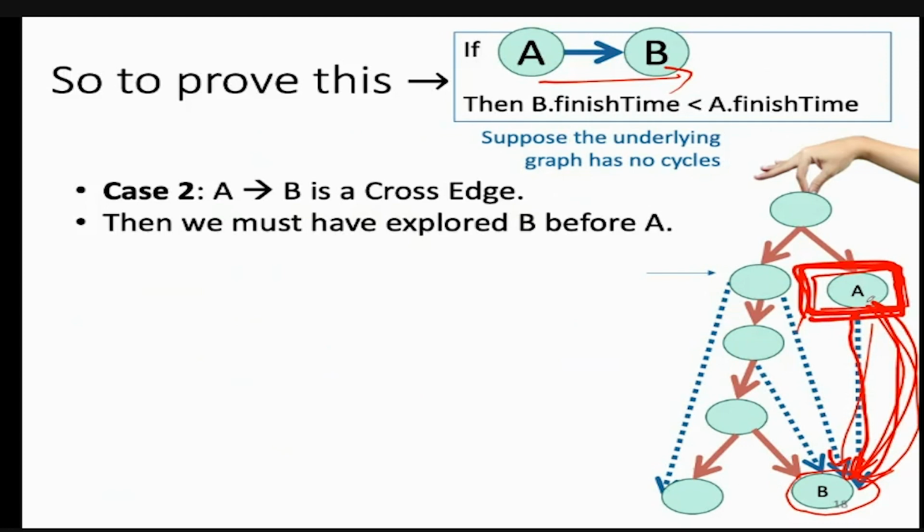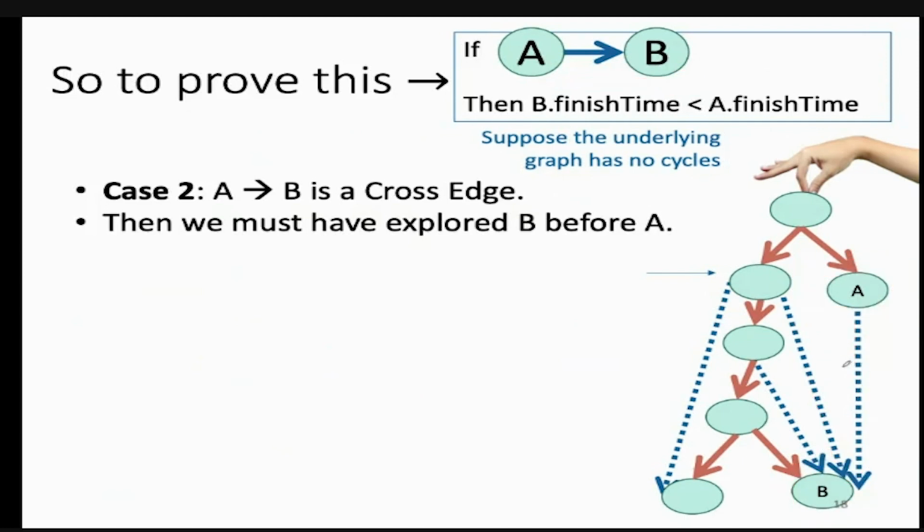So if you have understood this correctly, then we can say that if we had visited A before, then we could surely visit from A to B. So we must have visited B, and then we have visited A. And this is the only reason that this edge A to B was not used in the tree as a tree edge and has been left out as a cross edge.